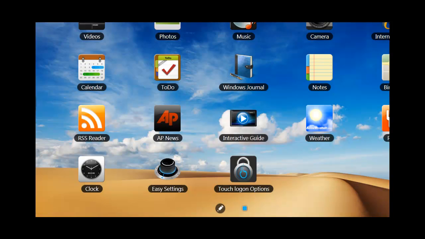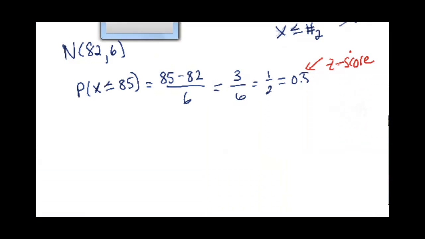So let's see. We will plug into the formula Z equals x minus mu over sigma. We got a Z-score of 0.5, and the proportion below, we looked it up on the table, was 0.6915.